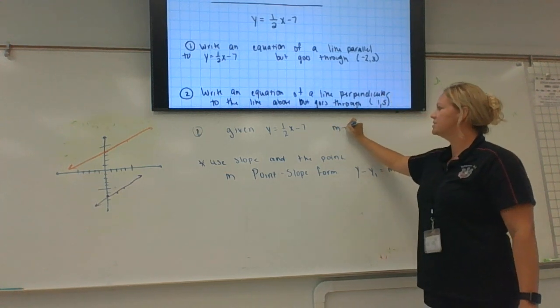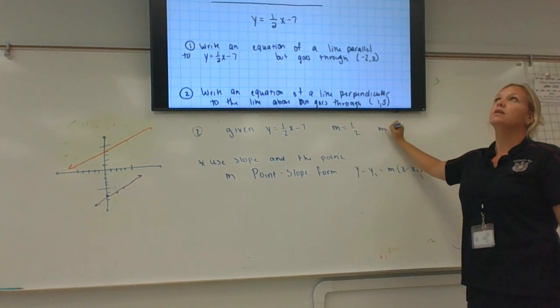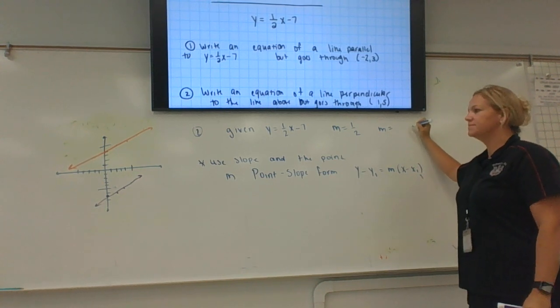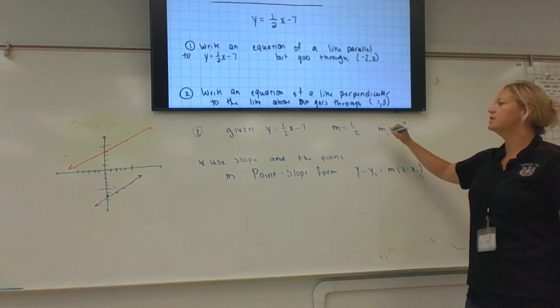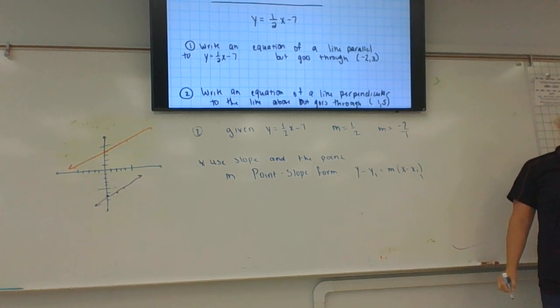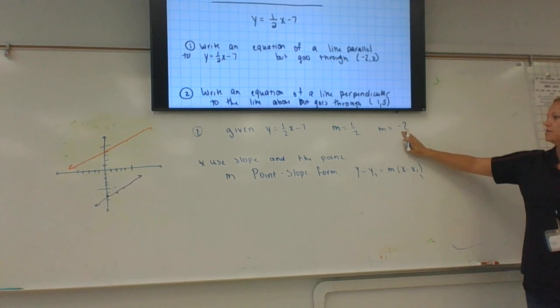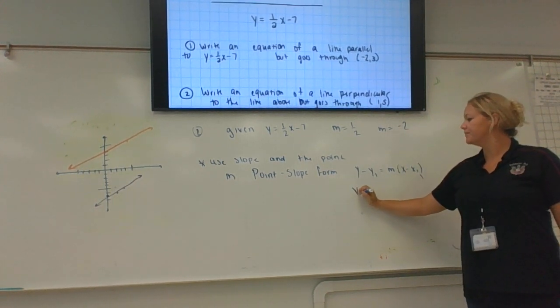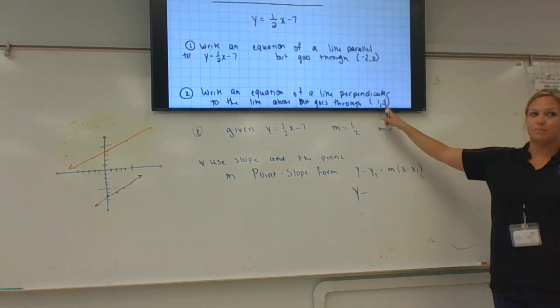Alright, so the slope we're given is 1/2. Autumn, what's our perpendicular slope? -2. Maybe you think of it as -2/1, but you don't need that 1 under there. So it's just -2. Same process, point slope form with this point.